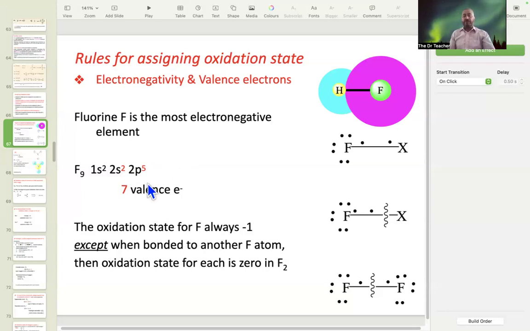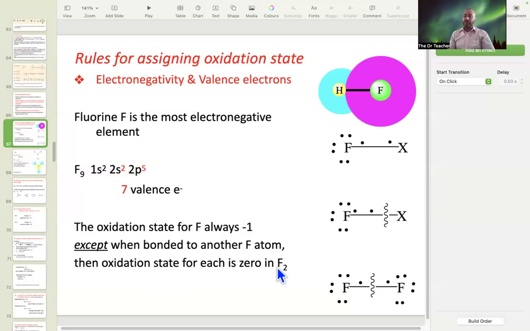And so the oxidation state of fluorine is always -1, except when bonded to another fluorine atom. Okay, then the oxidation state for each will be 0 in F2. Why is it 0, as we said before?